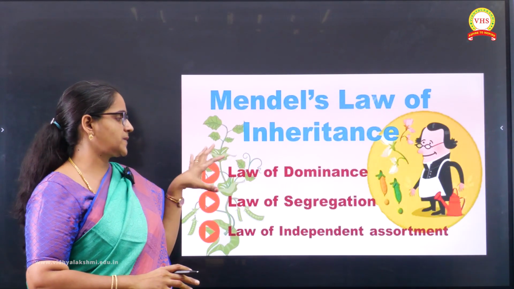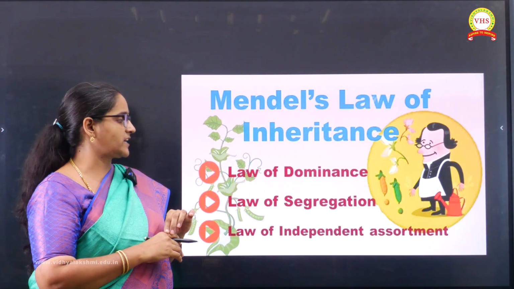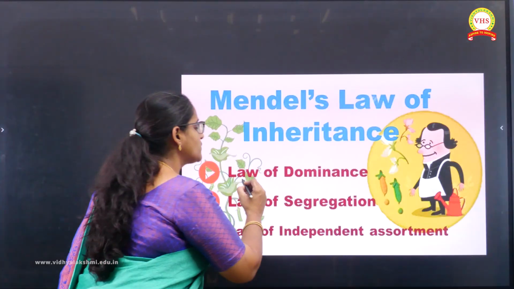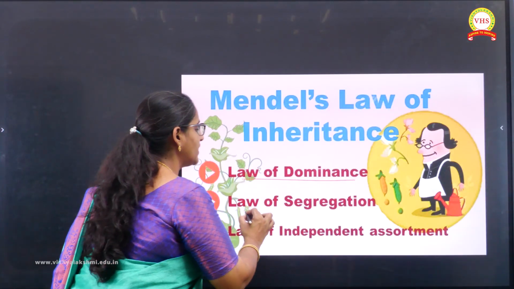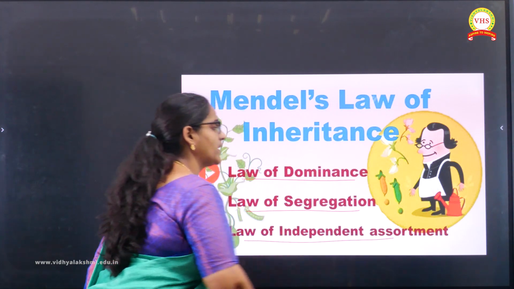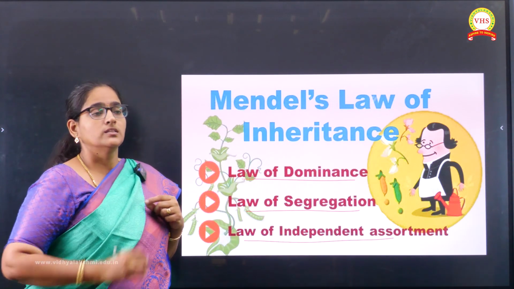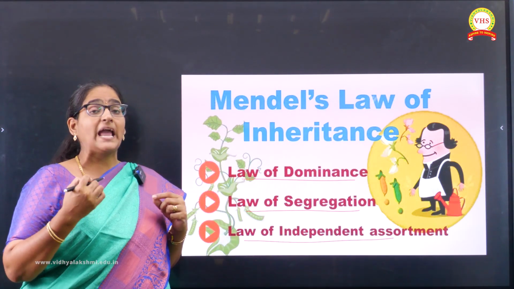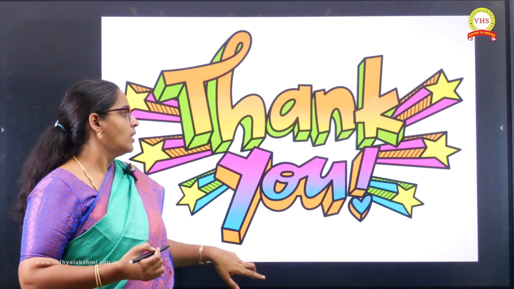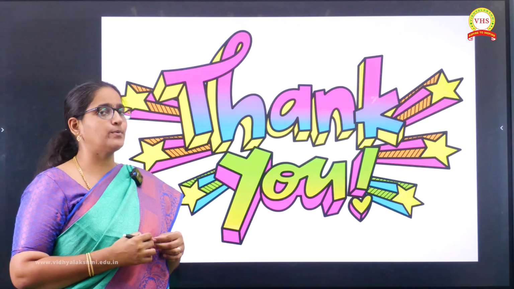Based on experiments with this plant species, Mendel proposed 3 laws: the law of dominance, the law of segregation, and the law of independent assortment. These are the 3 laws of inheritance proposed by Mendel from working out the monohybrid and dihybrid cross experiments.